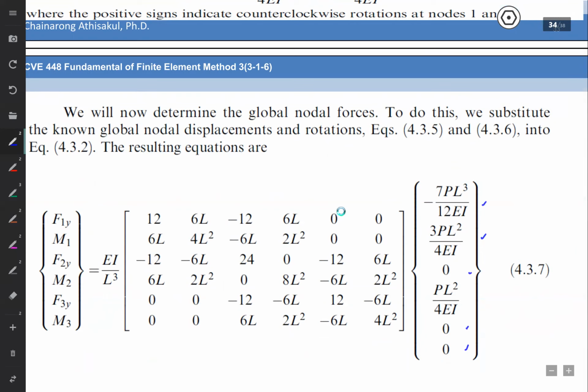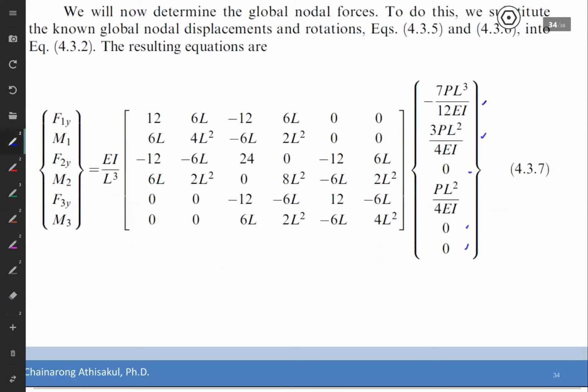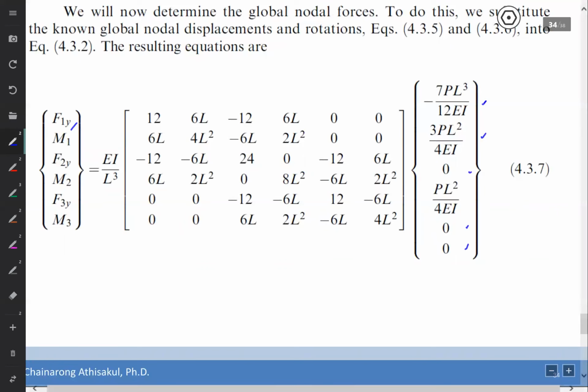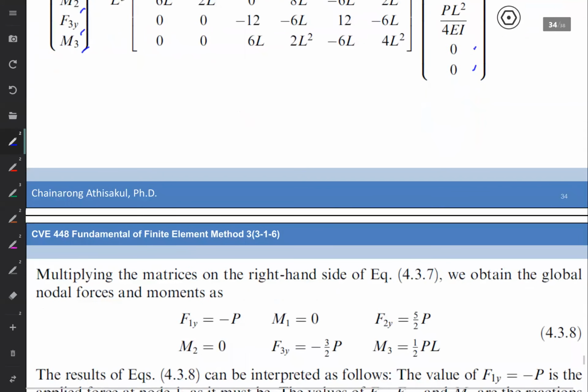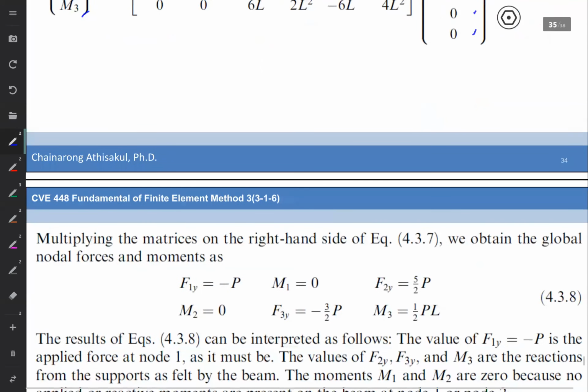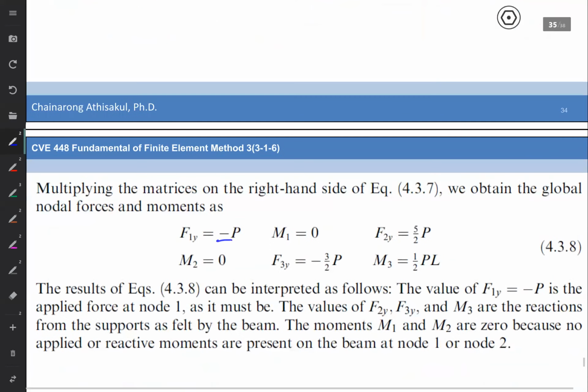Right now, after we solve this equation, we can find the nodal force at each node. The nodal force at each node represents the applied force and also the reaction force. For node number one, we see that we obtain minus P, which is equivalent to the applied load. And at node number one the applied moment is equal to 0.